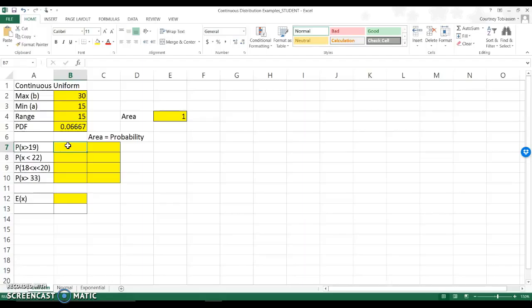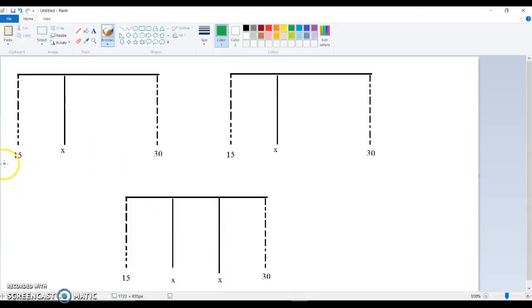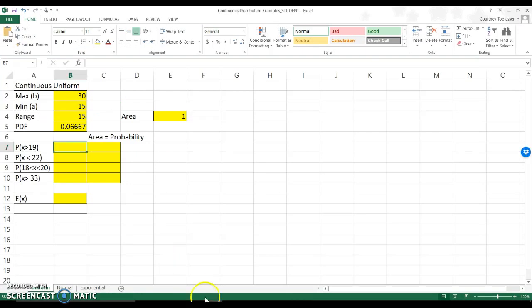If we want to understand the probability of it kicking in greater than 19 minutes, so it's going to take longer than 19 minutes to kick in, then between 15 and 30, if this is 19, we are looking at the probability of it happening within this range.